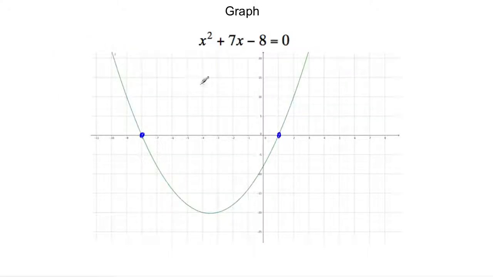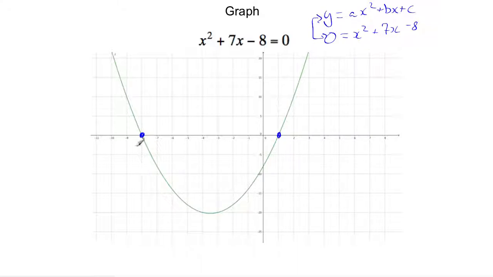It's no coincidence, because if you think about what this is, y equals ax squared plus bx plus c. That's a general form for a quadratic. So I have 0 is equal to x squared plus 7x minus 8. Y is equal to 0.